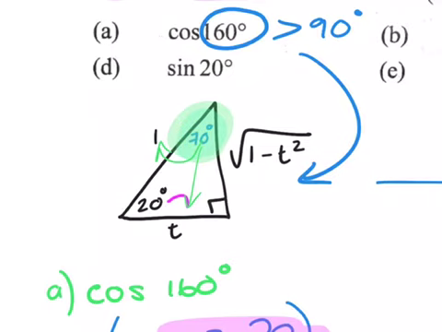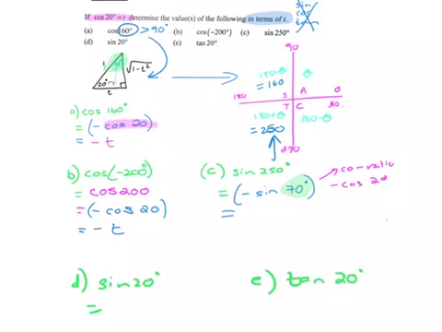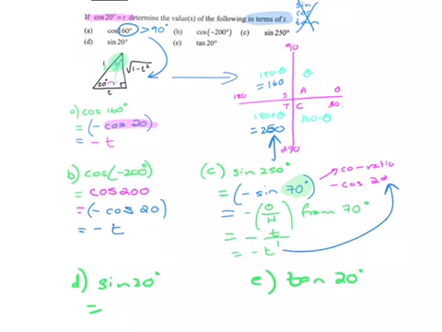So opposite over hypotenuse ends up being t over 1. So if you want the opposite of hypotenuse, then that's fine. You can have it there, but it's from 70 degrees. But here you can then say, well, that's negative t over 1, which is just negative t. And hopefully you realize, hang on, that is the same as the negative cos 20.